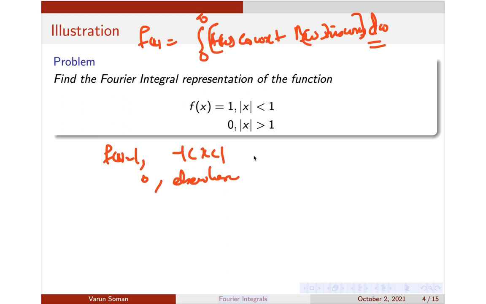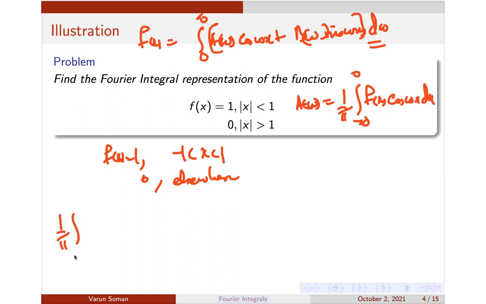So that is there, and we have to find a omega. What is the value of a omega? A omega is simply 1 by pi integral minus infinity to infinity f of x into cos omega x dx. But my f of x is there only for minus 1 to 1, the rest is 0, so this will reduce to 1 by pi into integral minus 1 to 1 of cos omega x dx.